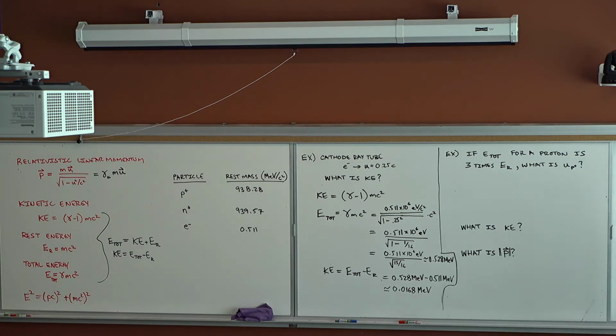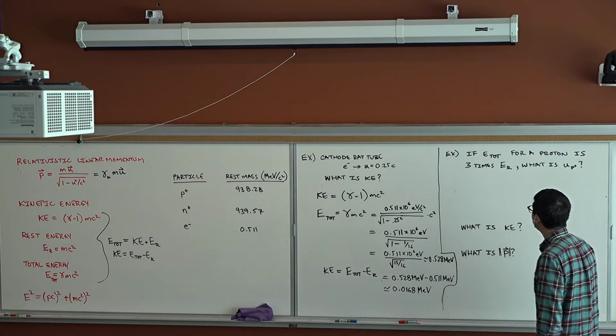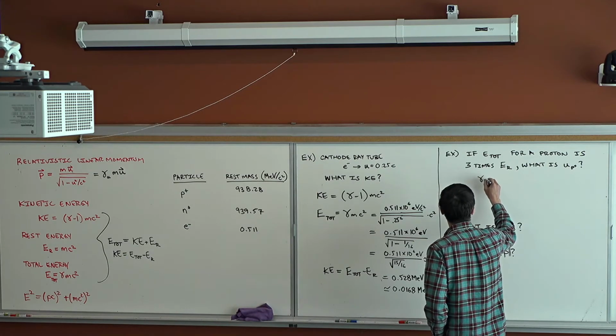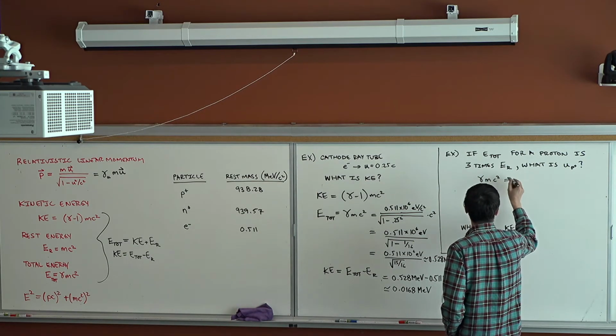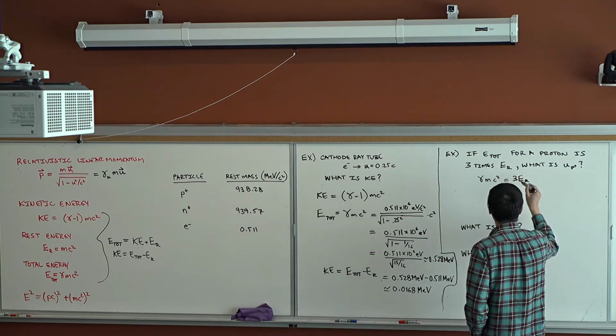And so this time we could say that the total energy, gamma mc squared, is equal to 3 ER.